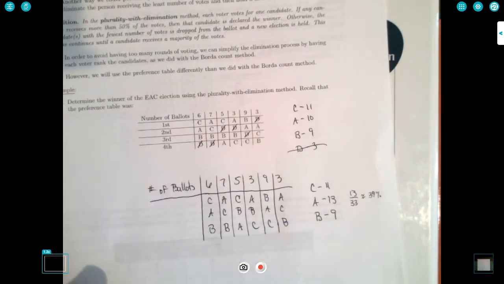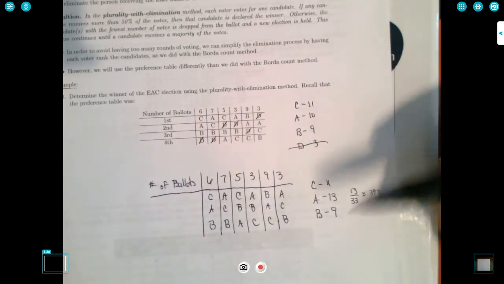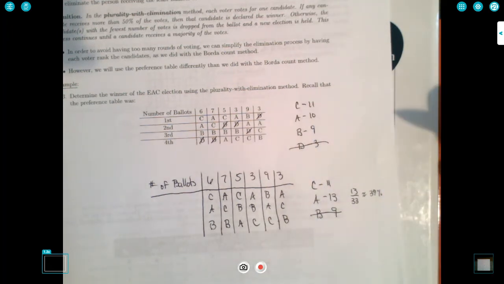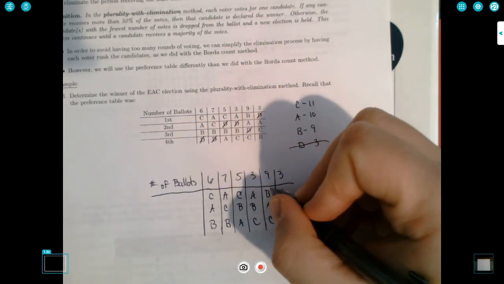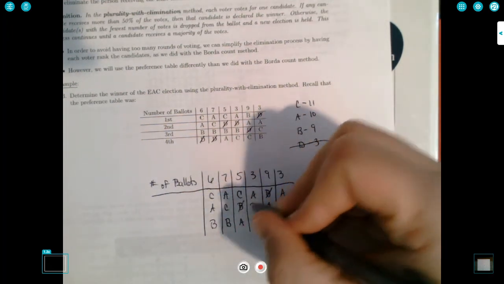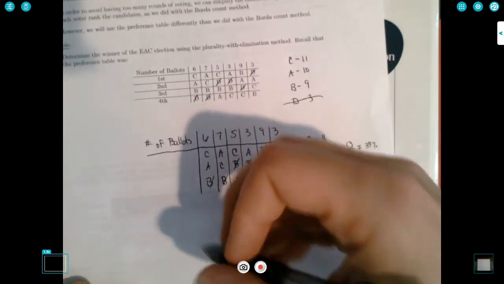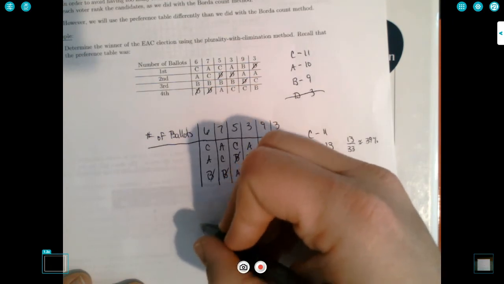That means we need to eliminate another candidate. Again, we're going to eliminate the one with the least number of votes, which would be B in this case. So we eliminate B here, here, here, here, here, and here. And then we make a new chart.